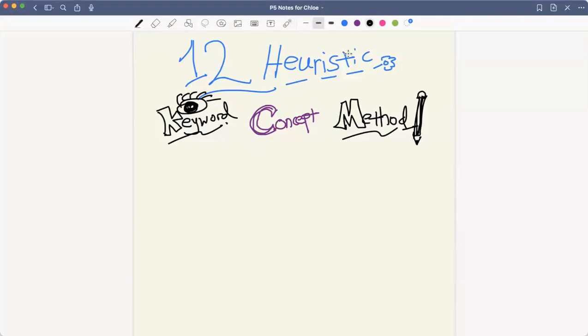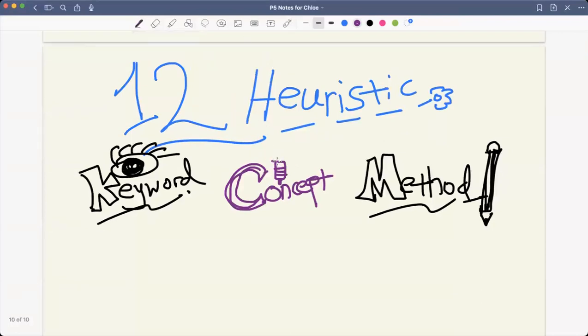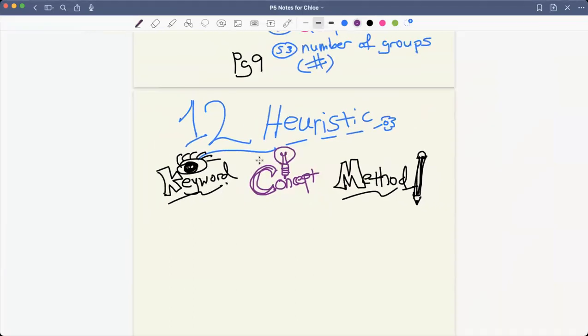So for concept, we can draw a head, or a light bulb, as in what the child can think of. All right, so here goes.